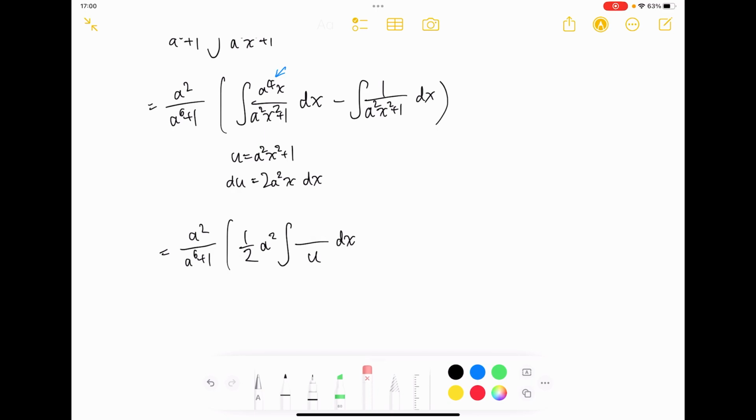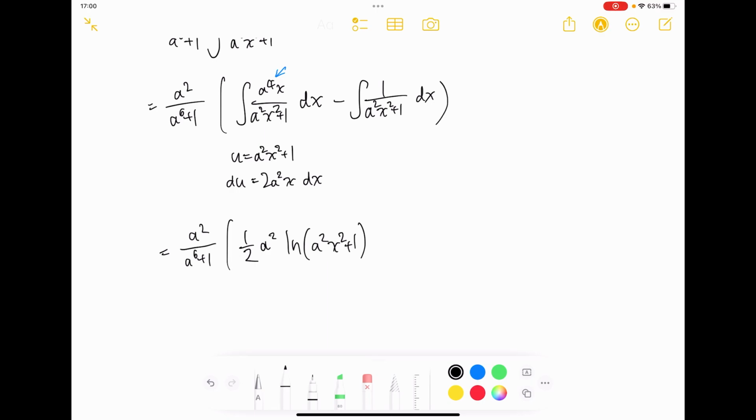And this right here is exactly du, and this whole integral is natural log u. So it's natural log of a squared x squared plus 1. And technically, I should put absolute value bars, but I know everything's going to be greater than 0, so it's going to be fine, right?